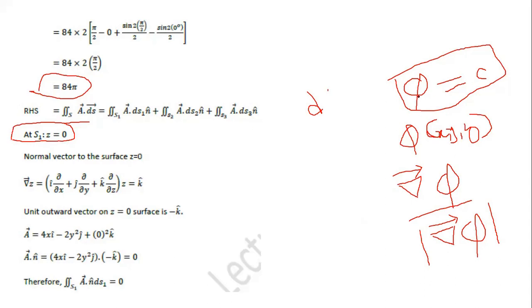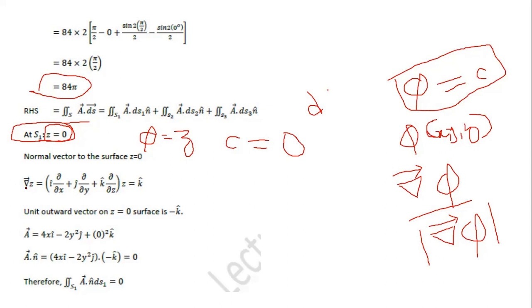So here, the equation of the surface S1 is z equal to 0. You take your phi as simply z, and your constant c here is 0. To find the unit vector perpendicular to the surface, you can take the gradient of z.